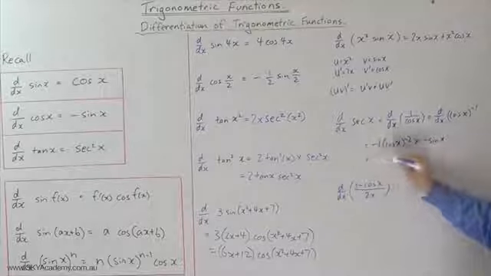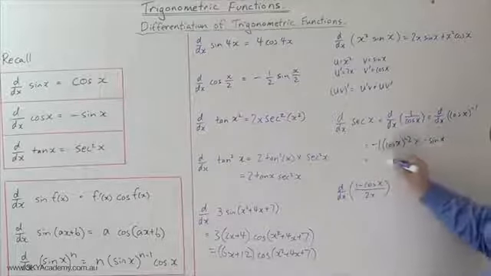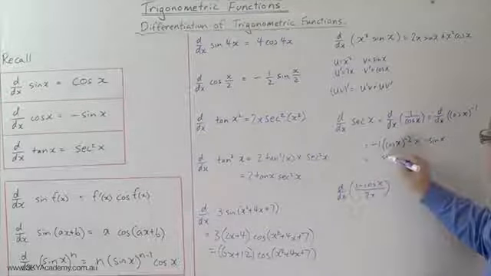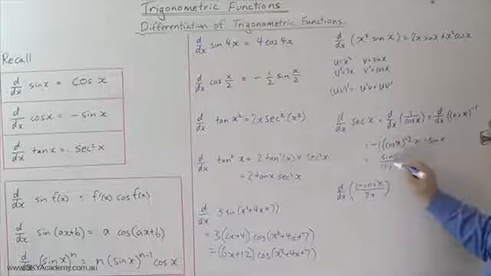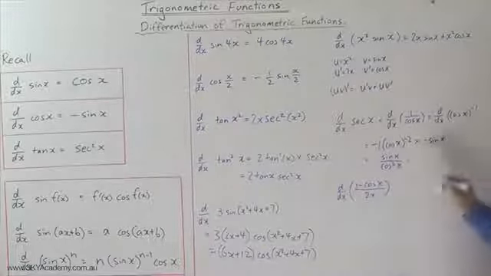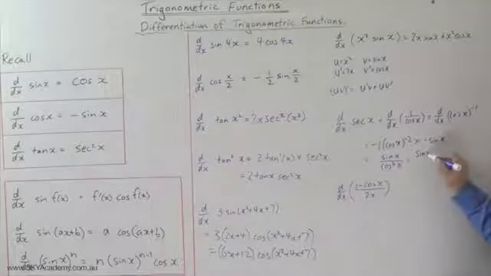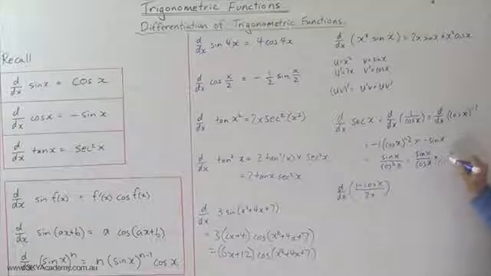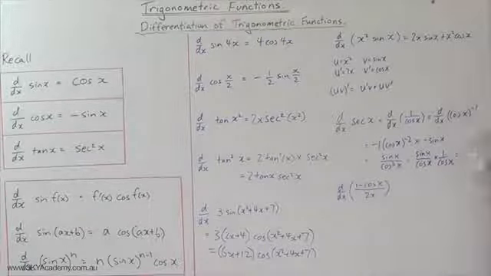Minus minus becomes a plus, so it becomes sine x over cosine squared x, which is sine x over cosine x times 1 on cosine x, which is equal to tan x sec x. Got that?